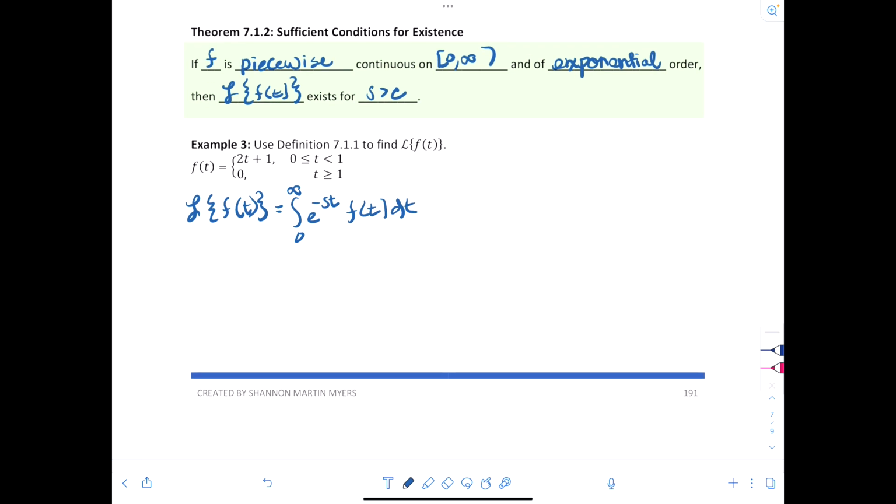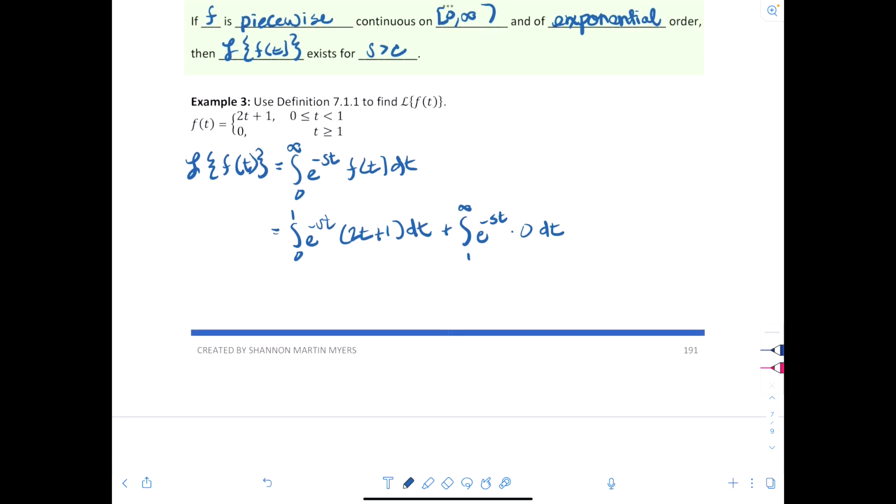But that in turn will be equal to the integral from 0 to 1 of e to the negative st times 2t plus 1 dt, plus the integral from 1 to infinity of e to the negative st times 0 dt. Well, fortunately, that second integral is just going to zero out.